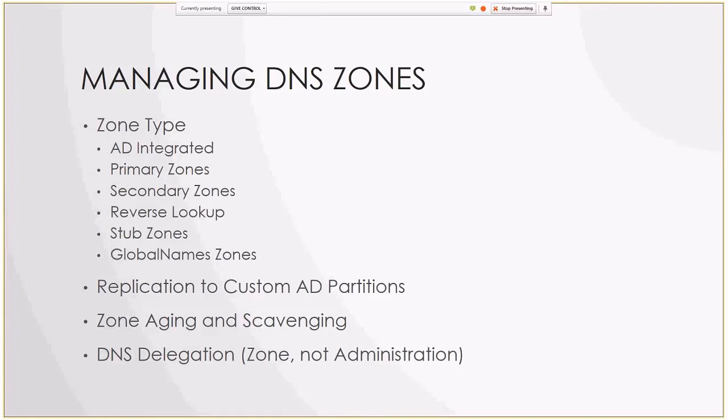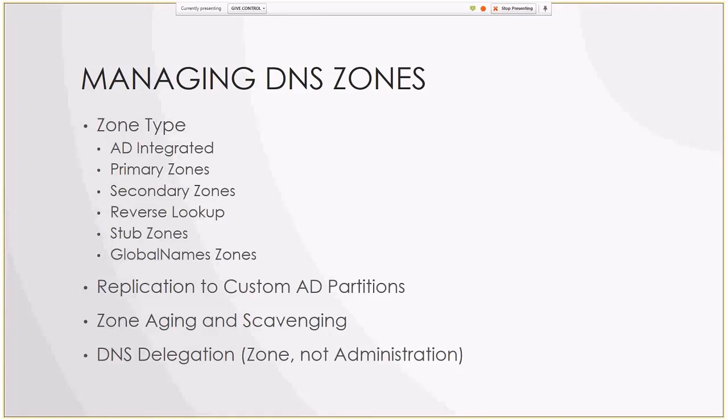So usually what you want to use it for is for those last few remaining applications that require a single label name lookup. And so it's not going to be a huge zone, you're not going to have thousands of records. You're probably only going to have a few dozen records. But the entries in the global name zone, it's interesting to note, are actually just CNAME records that point to the existing host records for other zones.